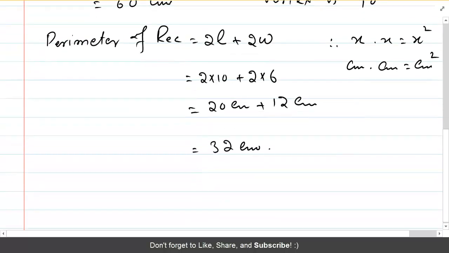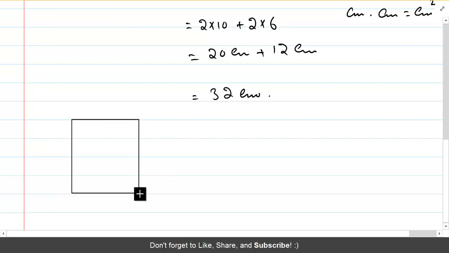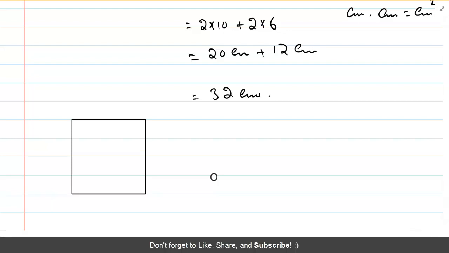And other members of this family are like the square. Square has its own conditions, being a member of the same quadrilateral family. If we were to know about the square, then a square can be drawn like this, and as it appears, a square is a form of rectangle, but in this all four sides are equal.